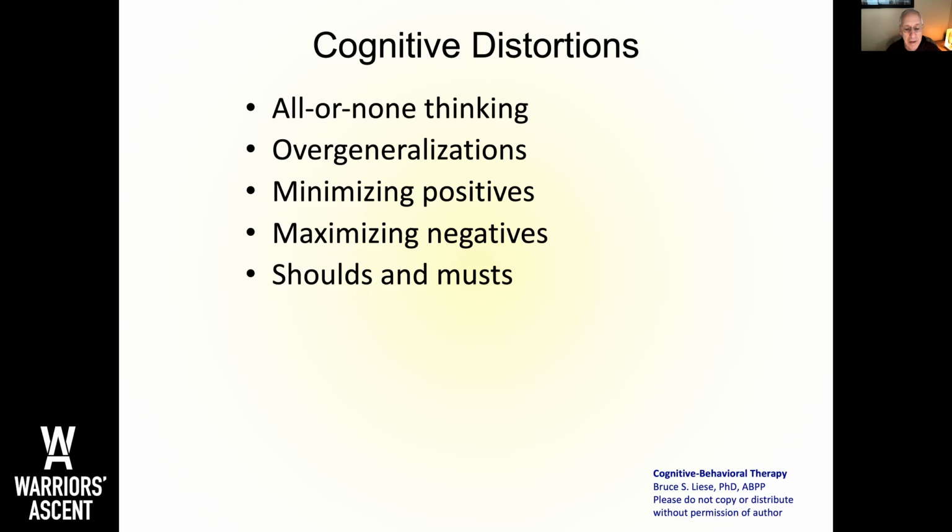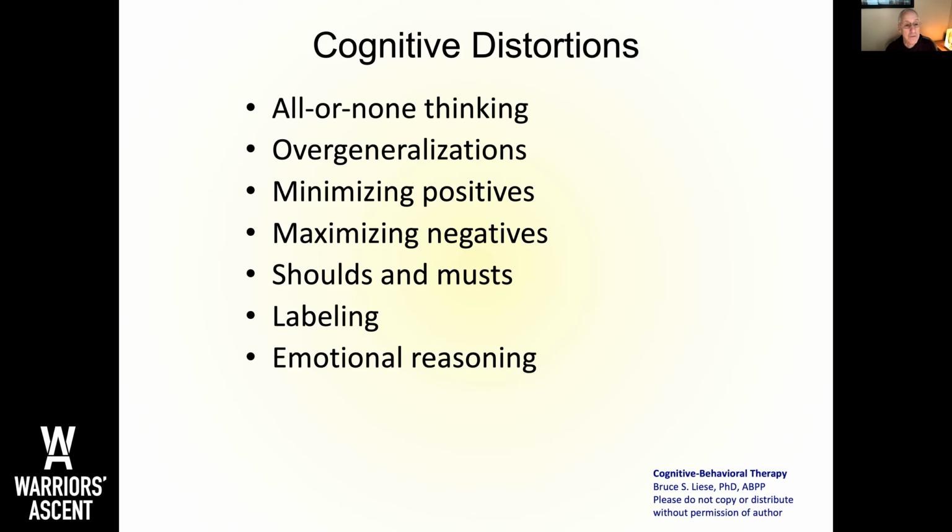And shoulds and musts have a way of making us that way. When we think you should have done that, or he should have done that, or she should have done that. Labeling, I used the word stupid before when I talked about, if I didn't finish college, I'm stupid. That's labeling. Stupid, an idiot, lazy, that's labeling.